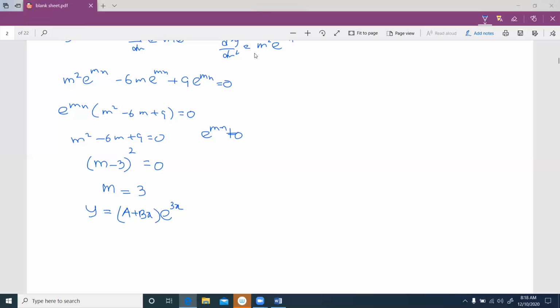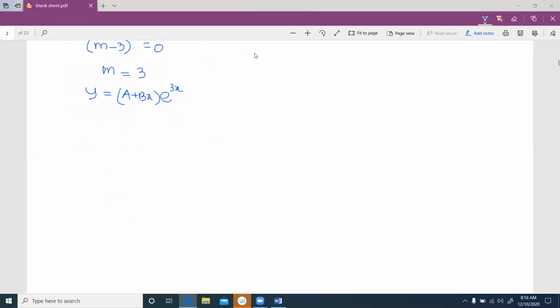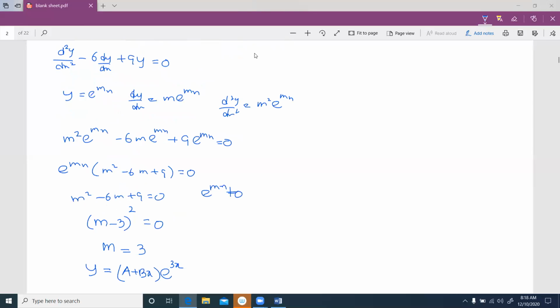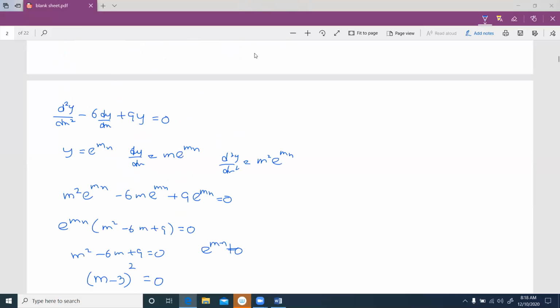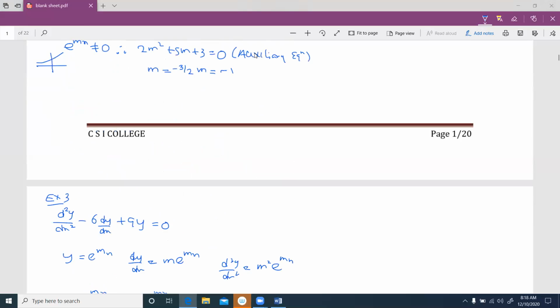Okay, then let's come to the next type of question. We are talking about example 3 in this book. Just write it here. Example 3 is the second example we are discussing.